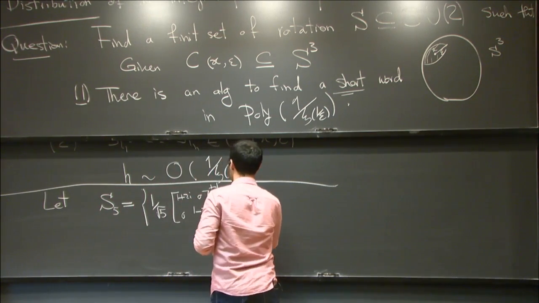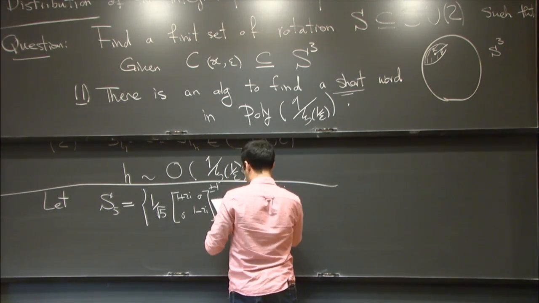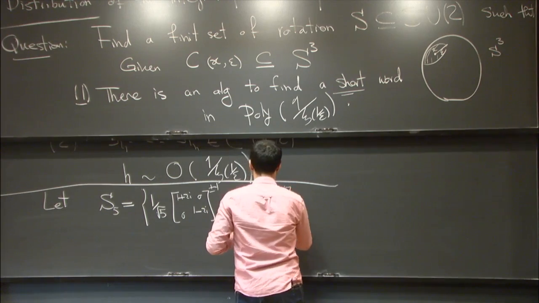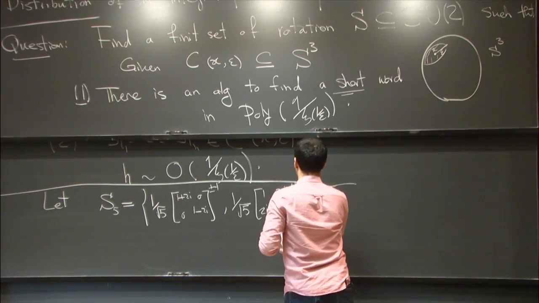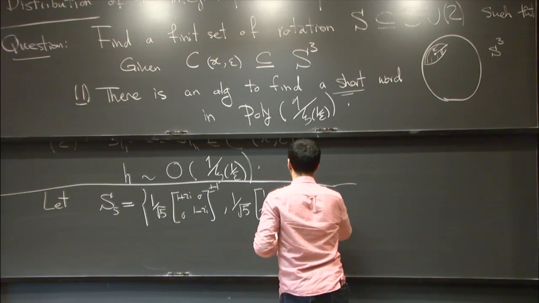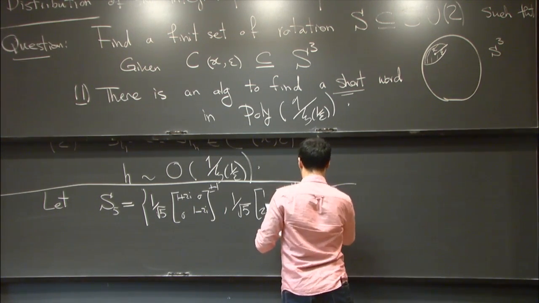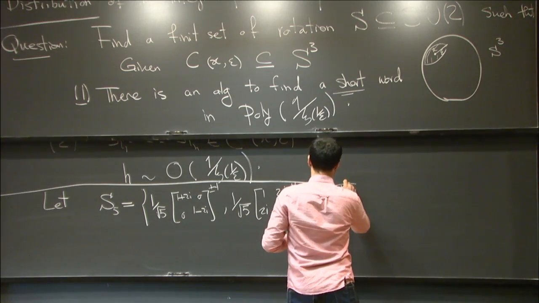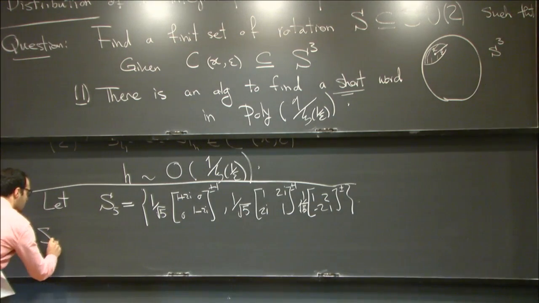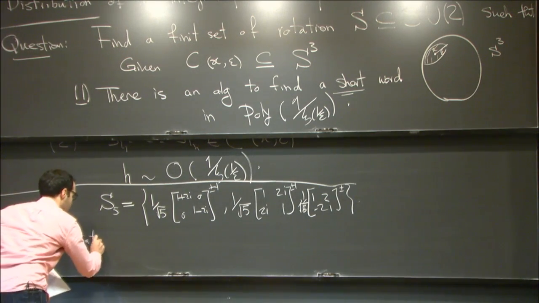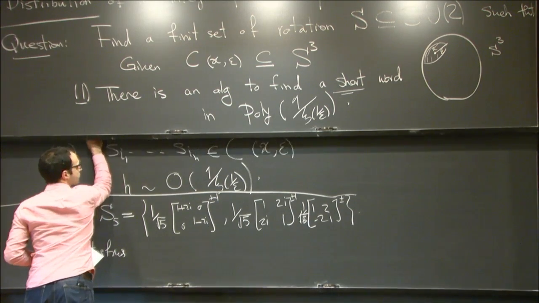So it's a symmetric set. You can think of it as taking a random walk with these explicit rotations on S3. So S5 satisfies properties 1 and 2.